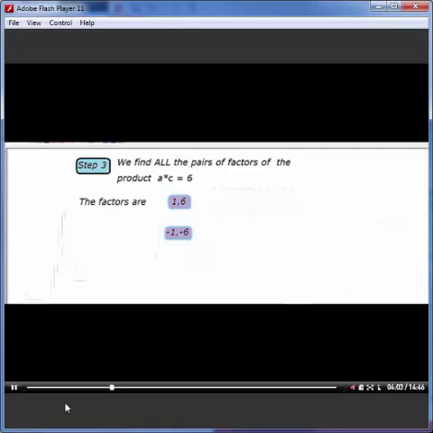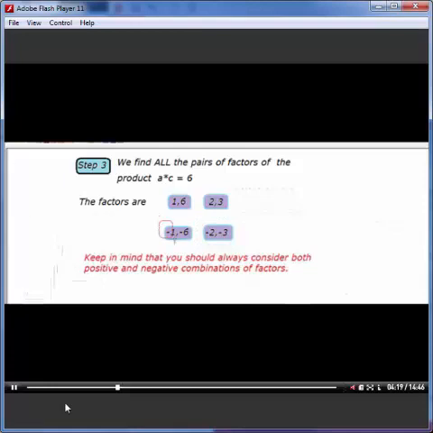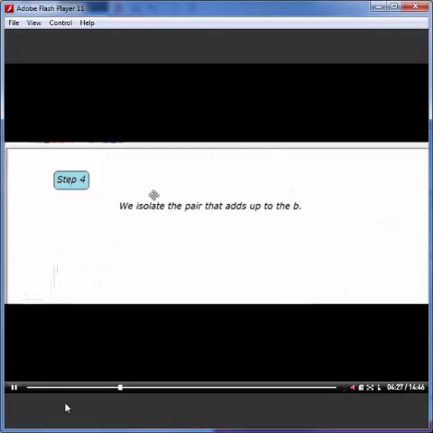But there is also -1, -6, since when you multiply two negative numbers, the result is positive. The other two factor pairs of 6 are 2 and 3, since 2 times 3 is 6, and -2, -3 is also 6. You should always remember to consider the negative factors as well.